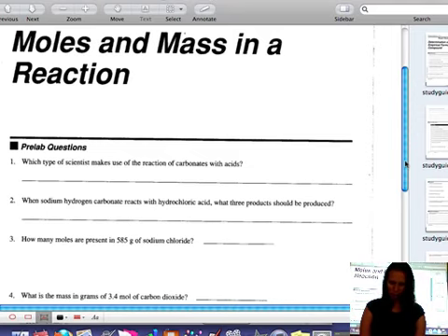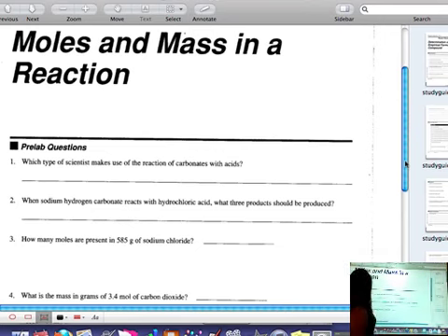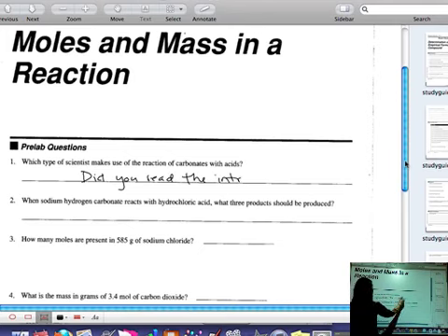So moving on, let's take a look at a couple pre-lab questions. The only thing I want to say about at least the first two is, did you read the introduction? So, 1 and 2 are right in the introduction.